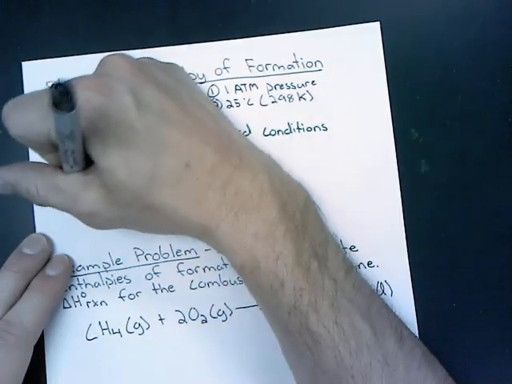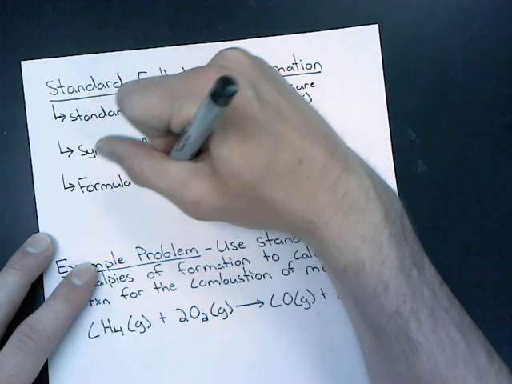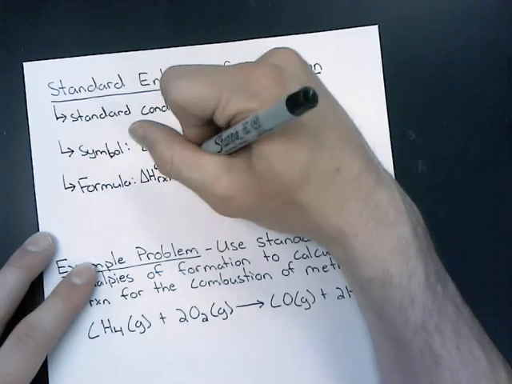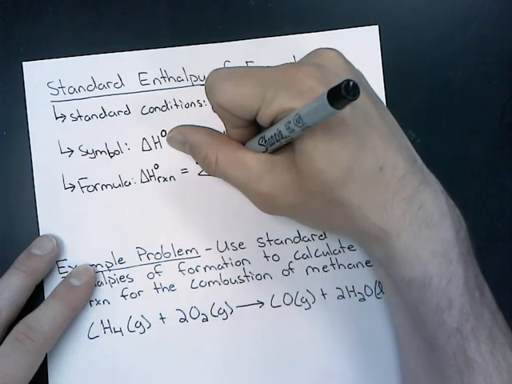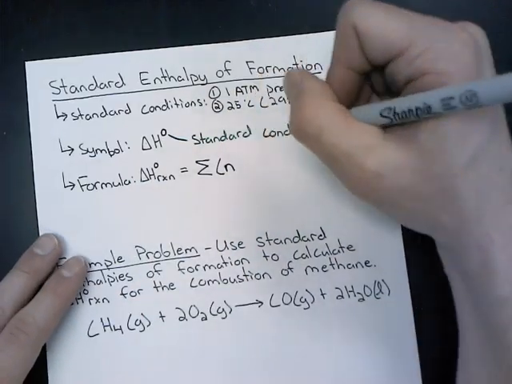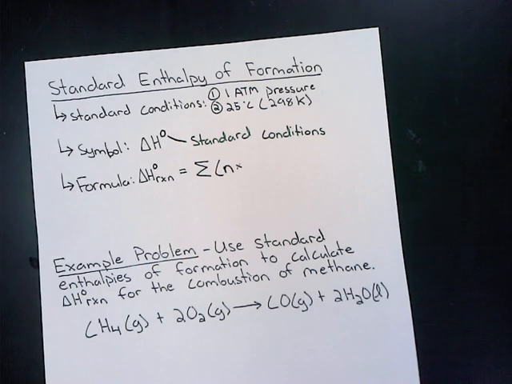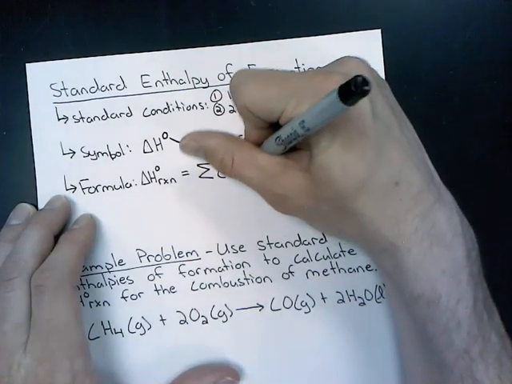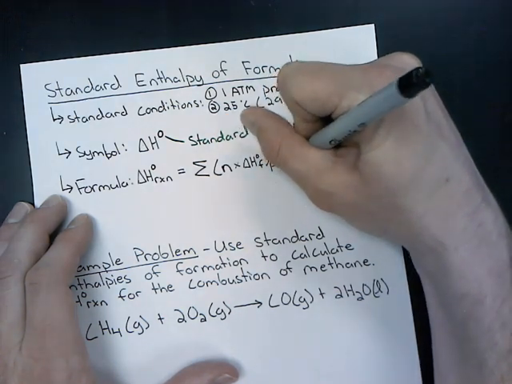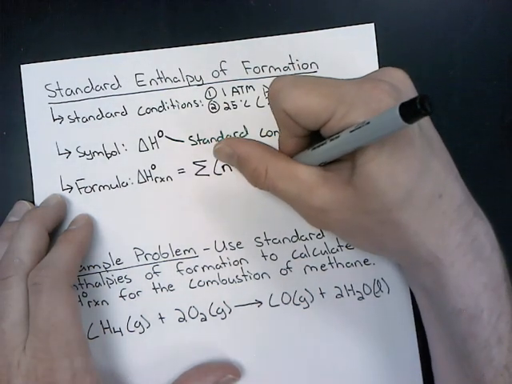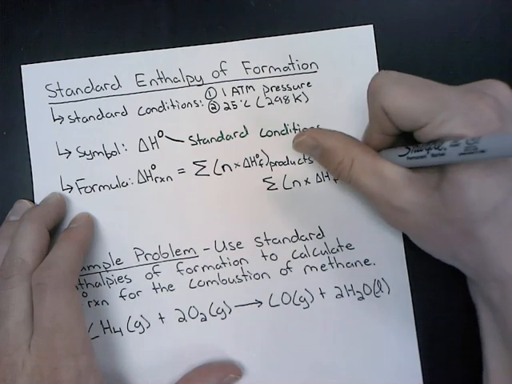Our formula for standard enthalpy of formation is: the delta H of the reaction at standard conditions, that little circle, is equal to the sum of the number of moles, which I am going to indicate by N, multiplied by the standard enthalpy of formation, delta H of F. This is all for the products, minus, and I'm running out of room, minus the N, which is moles, times the delta H of formation of the reactants.